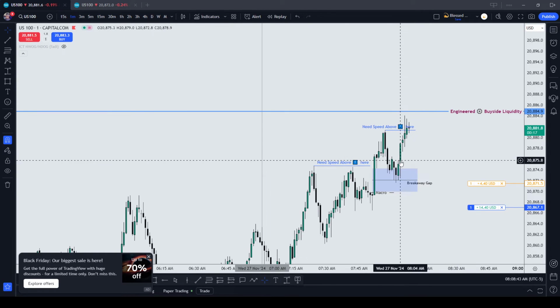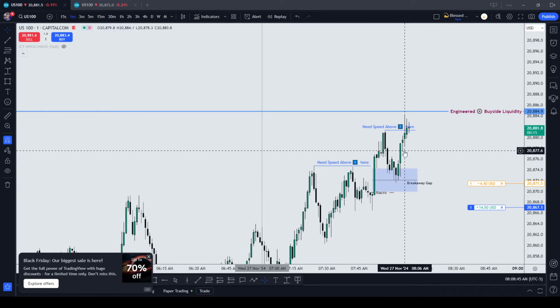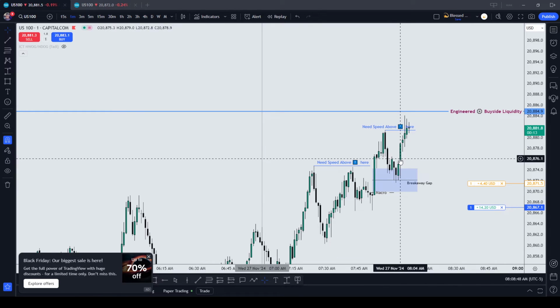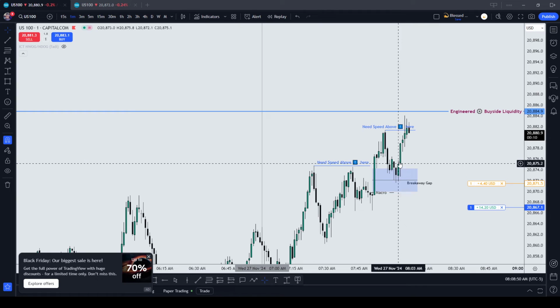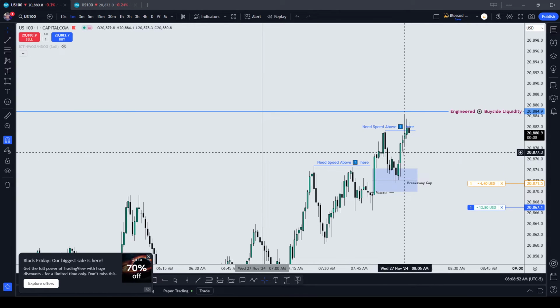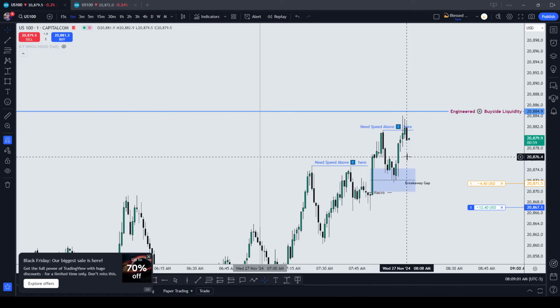And also I'm watching here right now. I'm looking to see this as a breakaway gap, and price shouldn't trade into it. If we are really strong on order flow right now, price shouldn't drop into this.